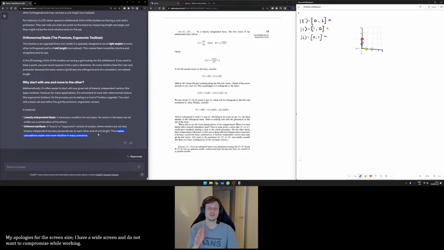The first vector of the orthonormal basis will be, so now we want an upgrade of these tools. The upgrade is equal to the vector itself, the tool in the box, divided by the length of that tool, where the length of that tool is equal to the square root of the inner product of them.